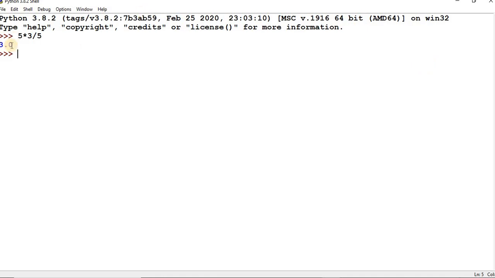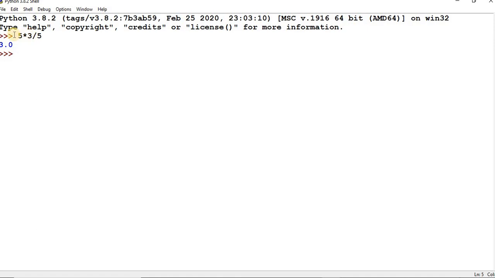Look here, the asterisk means multiplication. So multiplication and division, both operators are in this expression. If you form this type of equation, that is called an expression. Here there are two operators used in this expression, asterisk for multiplication and slash for division, and these are the operands 5, 3 and 5. These are the literals used in this expression.